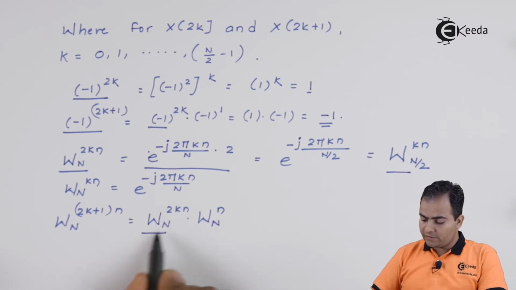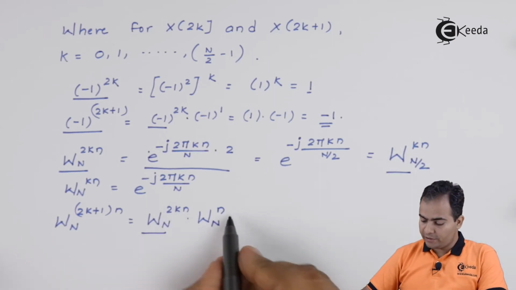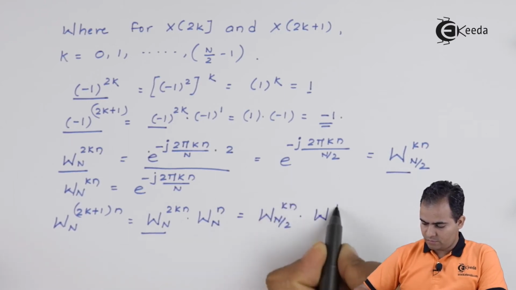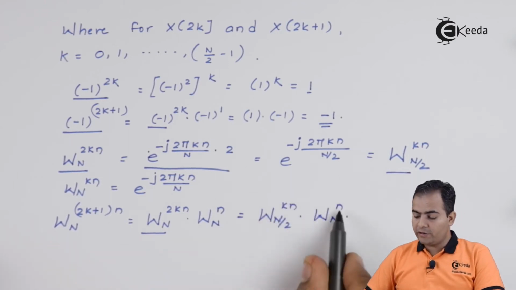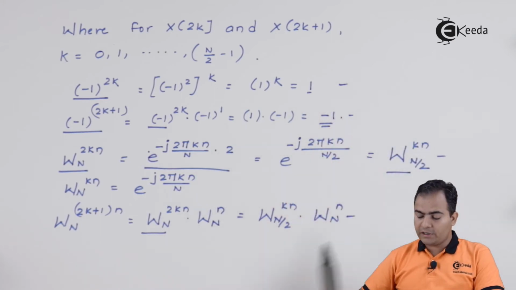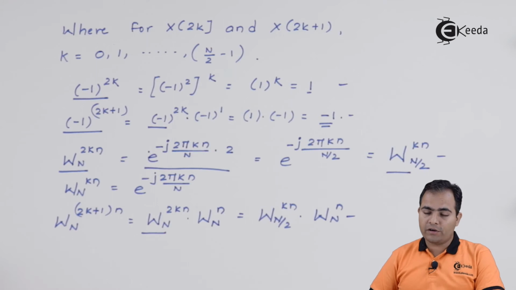So we'll replace this value by omega n by 2 raised to kn into omega n to the power small n. I'll substitute all these values in my last even and odd equation of x of k. Now I'm going to substitute all the last values in my even sample of x of k and in the odd sample of x of k one by one.